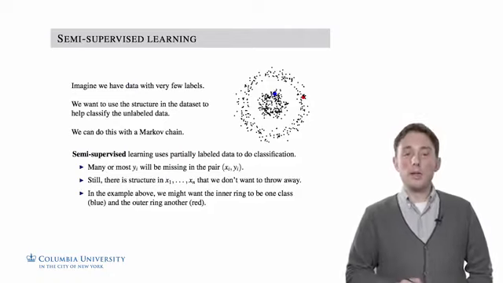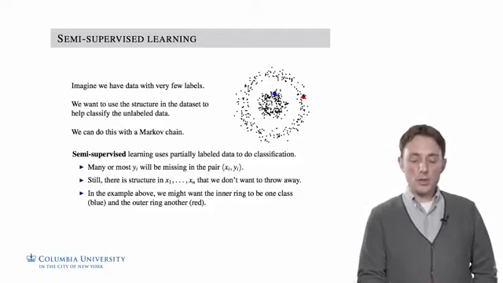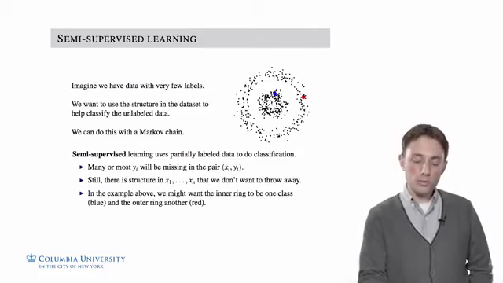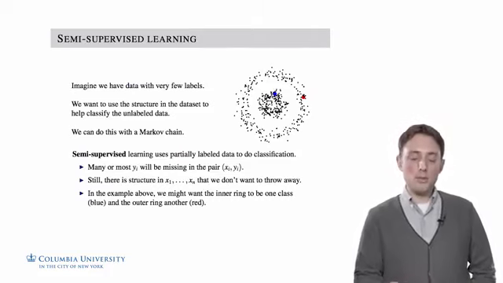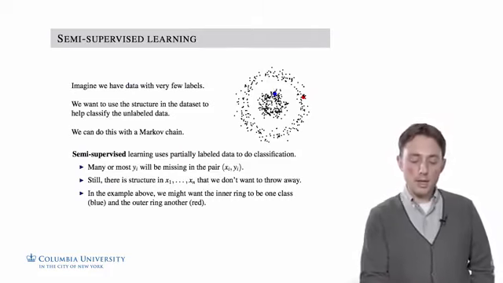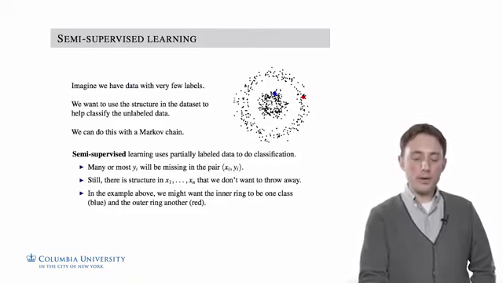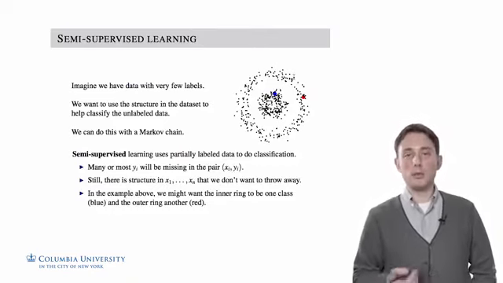In this toy example, that structure is the rings, and so looking at this example, we might say that everything on the inner ring should be labeled blue, and everything in the outer ring should be labeled as the red class.